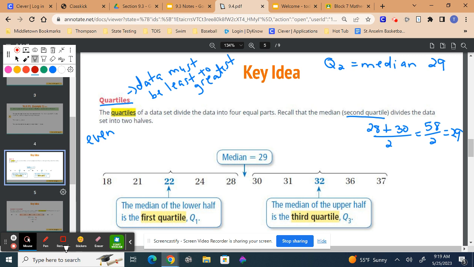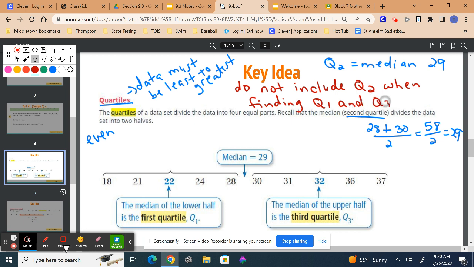So I would write that down somewhere: you do not include quartile 2 when finding quartile 1 and quartile 3. Does that make sense? All right, so we are not including quartile 2.